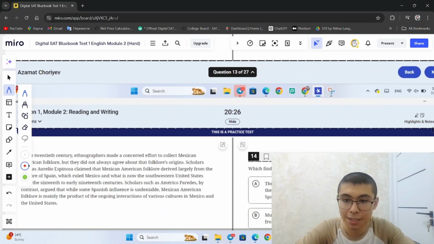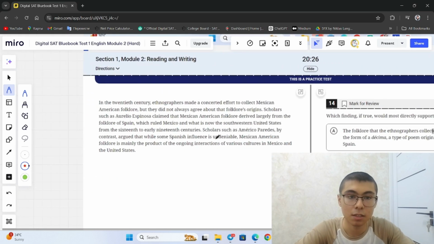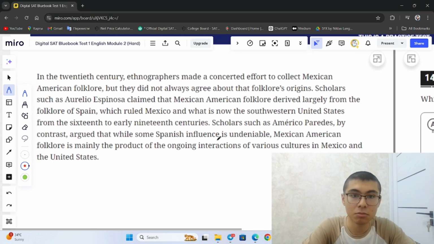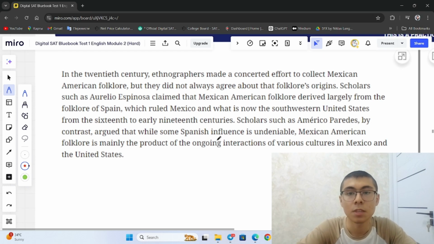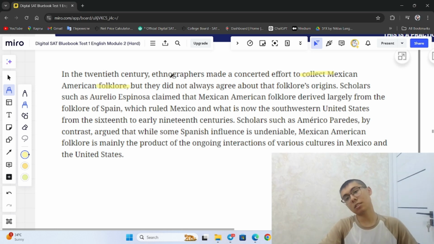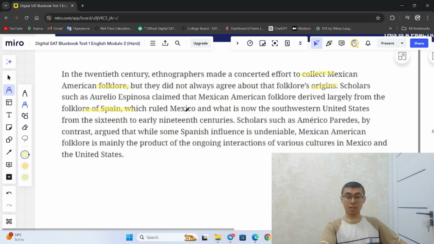Question number 14. Again, we've got to support the argument. In the 20th century, ethnographers made a concerted effort to collect Mexican American folklore. But they did not always agree about the folklore's origins. Scholars such as one claim that Mexican American folklore derived largely from the folklore of Spain, which ruled Mexico and what is now the southern United States from the 16th to early 19th centuries.